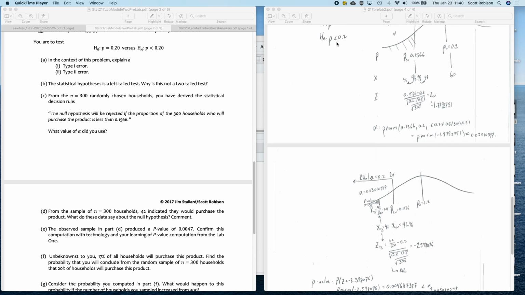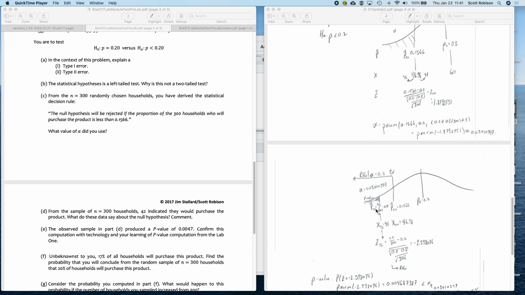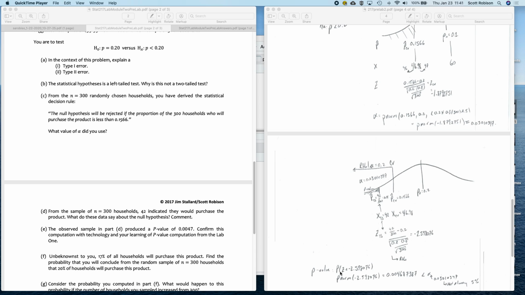Whatever tail the alternative hypothesis is talking about. So in this case, it's a lower tail test, so the p-value must be in the lower tail, which means that the probability of the z distribution being less than the test statistic, or in other words, the left tail of the test statistic, will be the p-value.